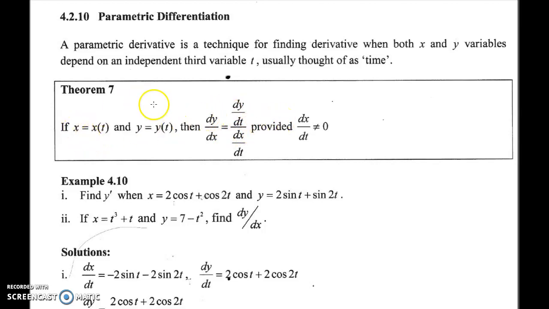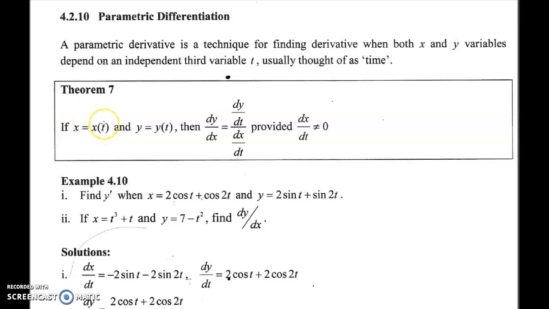Because if you look at this, x will be given as a function in terms of t. The same goes for y, given in terms of t. So if you differentiate these two, you will get dx over dt, and the same goes for dy over dt. If we want to apply the chain rule, we will need to first change the function.